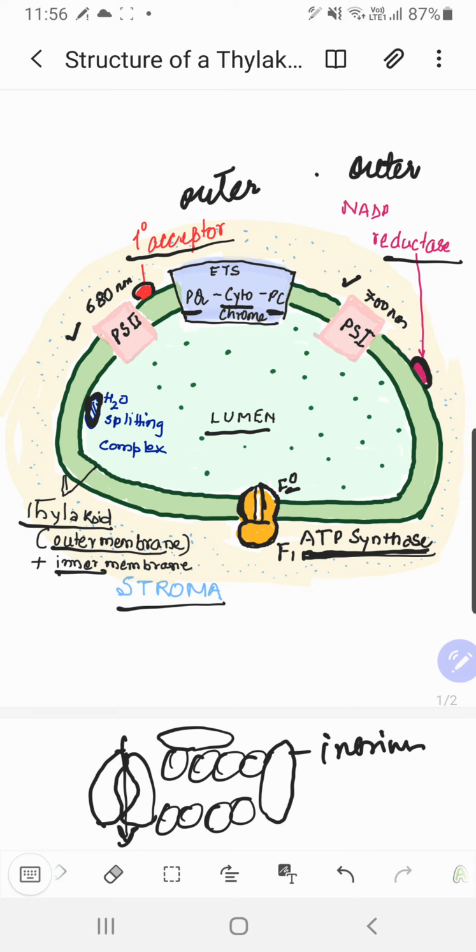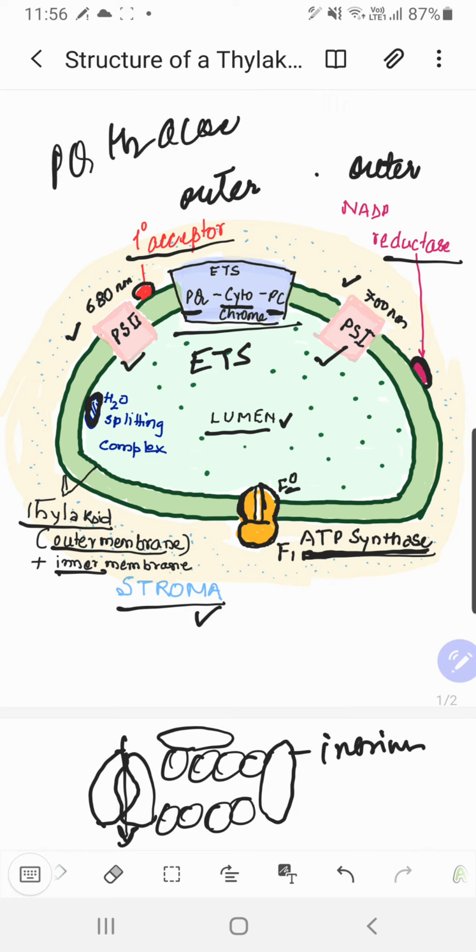Again, take a recap. A single thylakoid is a double membranous structure. Surrounding is the stroma, in the center is lumen. Then embedded on the membrane are photosystem 2 and photosystem 1, right? In the center is the electron transport system having PQ, cytochrome and PC. I told you that PQ is basically the hydrogen acceptor, right?